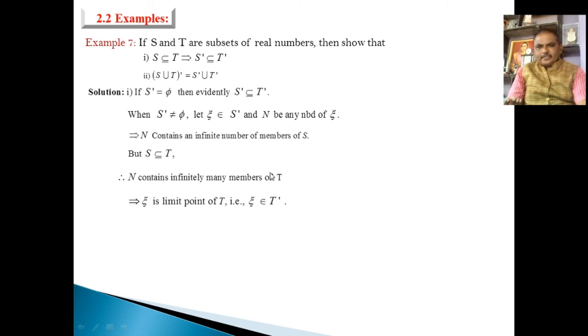This implies zeta is a limit point of T, that is, zeta belongs to T'. Thus zeta belongs to S' implies zeta belongs to T'. Hence, by the property of subsets, S' is a subset of or equal to T'.